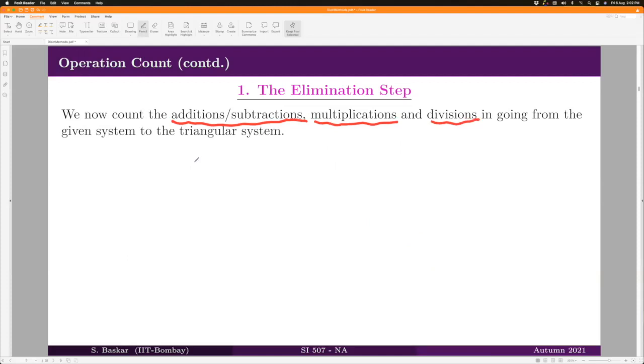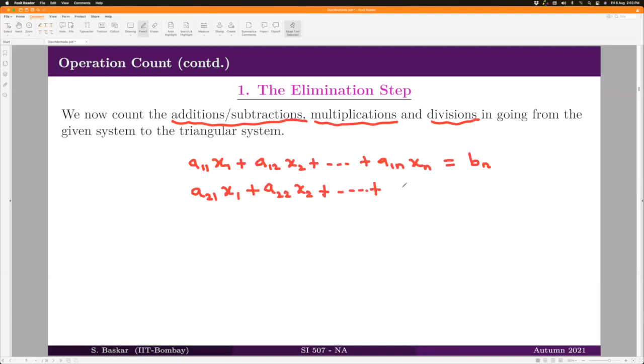If you recall, we never touched the first equation, therefore let's keep the first equation as it is. Let us come to the second equation. Here we do the elimination and make the first coefficient 0, right? To do this, we have to make some elementary row operations. What is that?